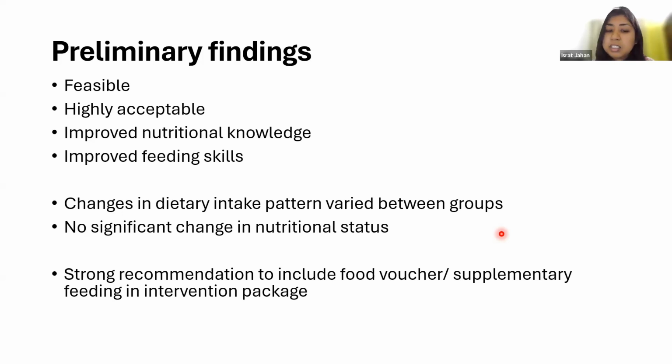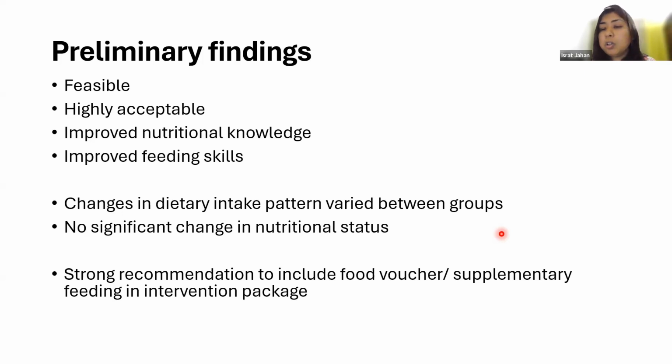We did not find any significant change in nutritional status, which is expected because it was only 4 months. As Mercedes explained, even at 6 months, if there is a 0.5 kilogram weight increase, that's a win for children with CP in some cases.